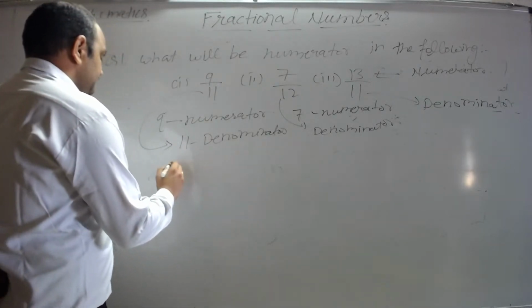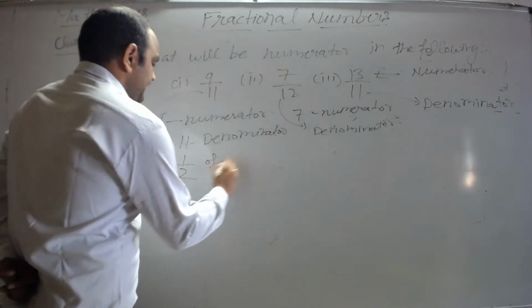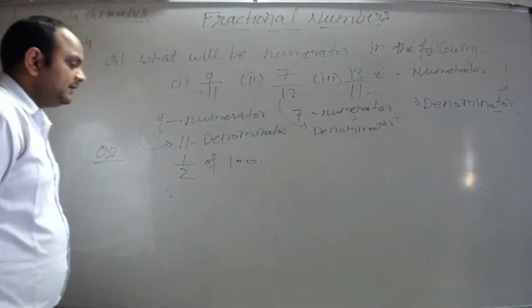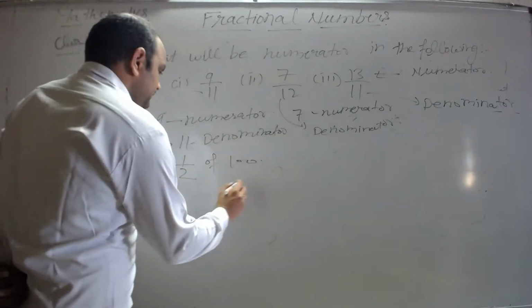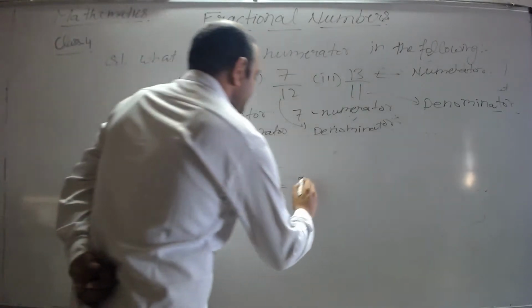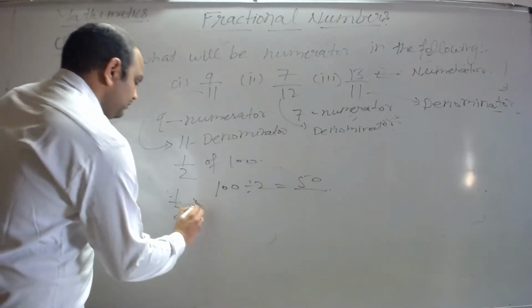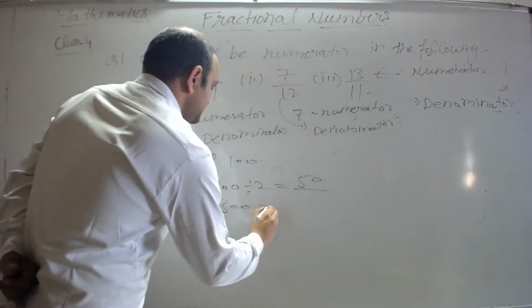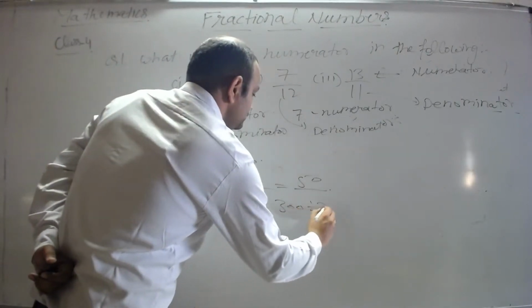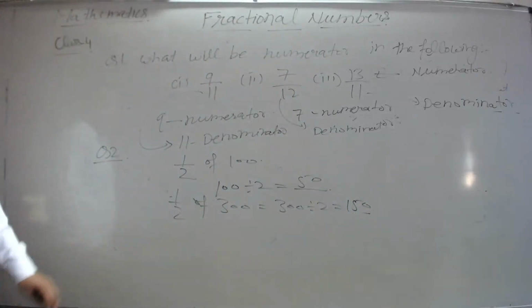For example, we have to find out half of 100. So half of 100 will be 100 divided by 2. That will be 50. Half of 300, so 300 divided by 2, that will be 150.